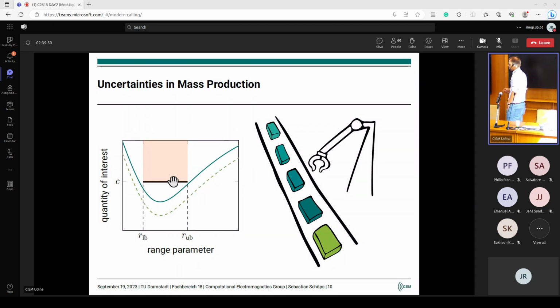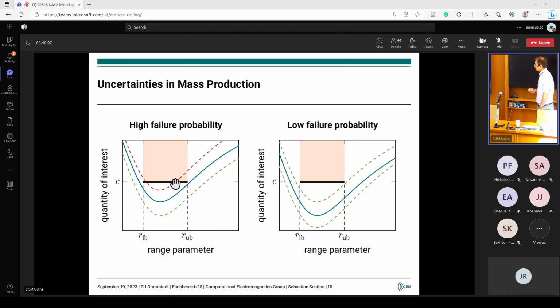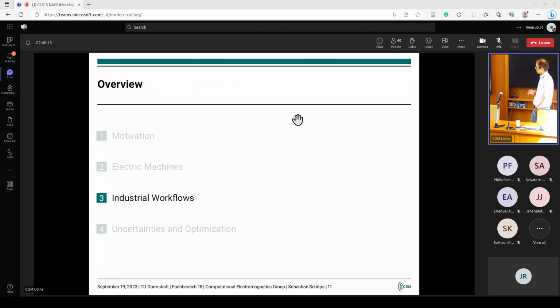But what you can do is make sure that another design maybe has this curve, or if you do a bad design, it may have this curve, right? And these are things you want to take care of already in the optimization, to make your device work also under some difficult circumstances, and then to reduce the so-called failure. All right. Questions so far?